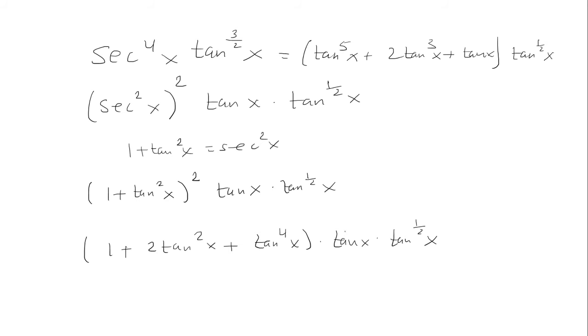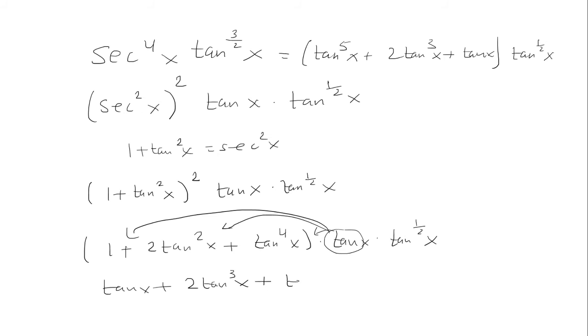So I'm going to distribute this tangent to all three terms to get tangent plus 2 tangent cubed plus tangent to the 5th, and then multiply that by tangent to the 1/2 power. And notice that's exactly what I have here, except I just switched the order of tangent to the 5th and tangent. So the proof is complete.